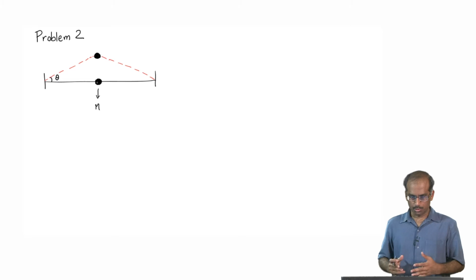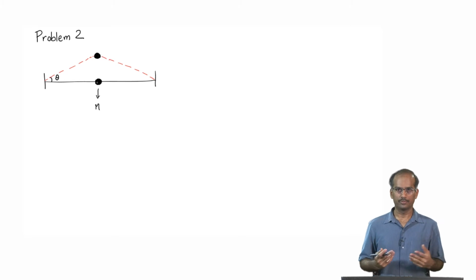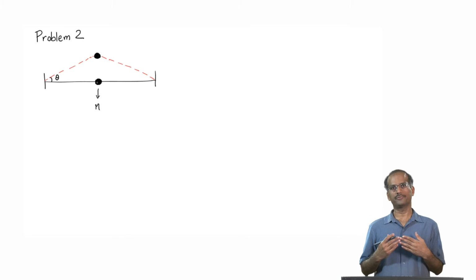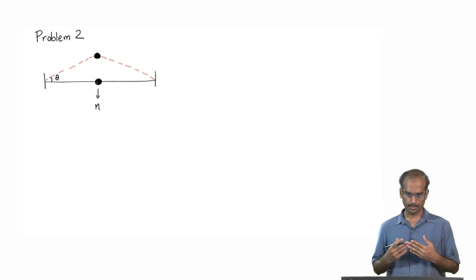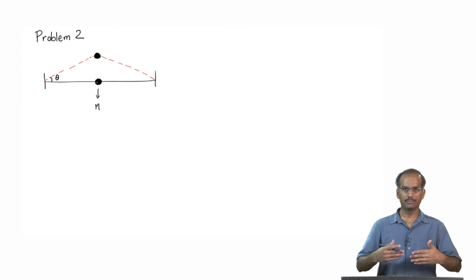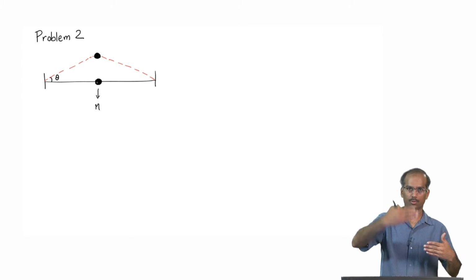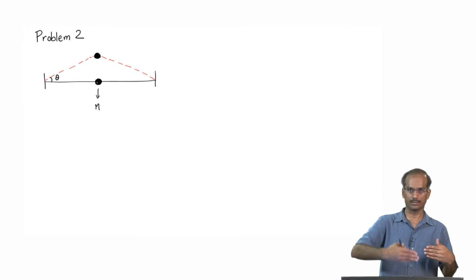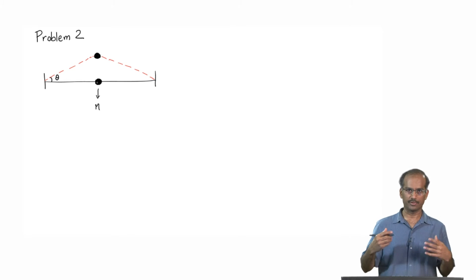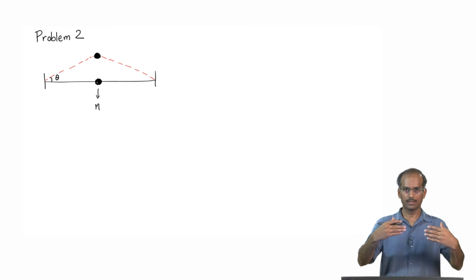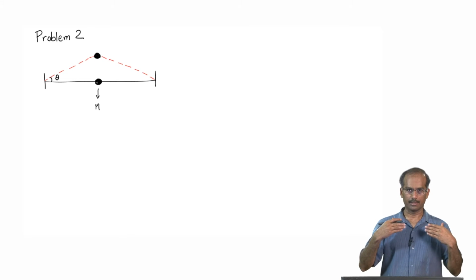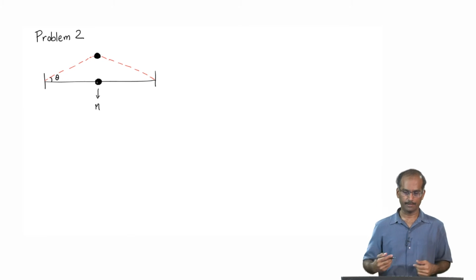And to do this, we will have to make a few simplifying assumptions. One of the assumptions we will make is that the oscillation precisely takes place only in the y direction. So, there is no component of oscillation or dynamics in the direction perpendicular to the vertical. Okay.